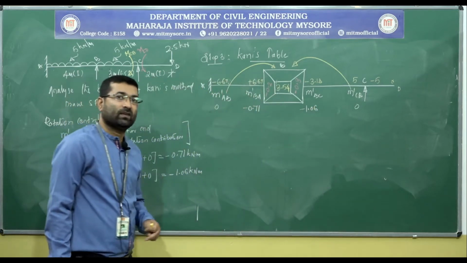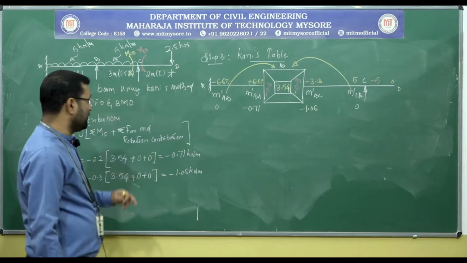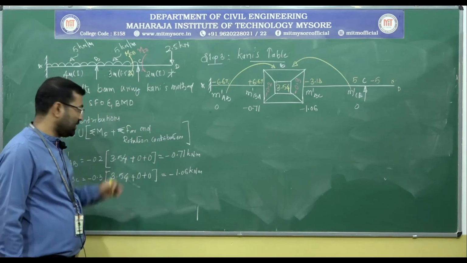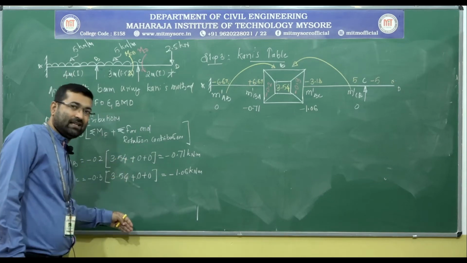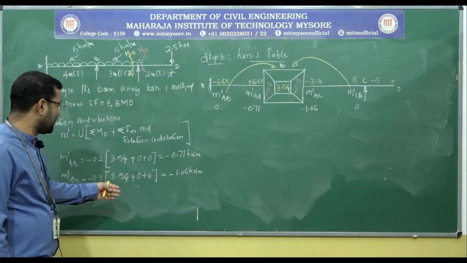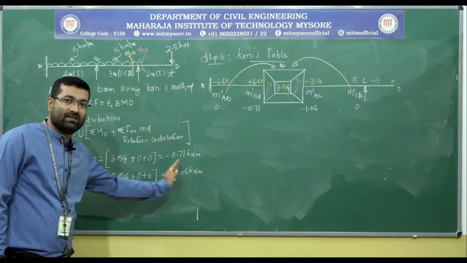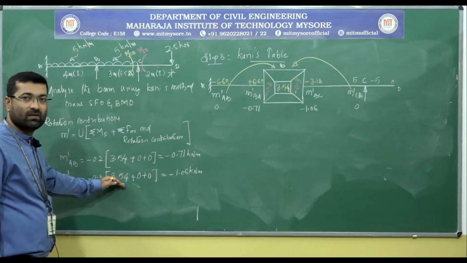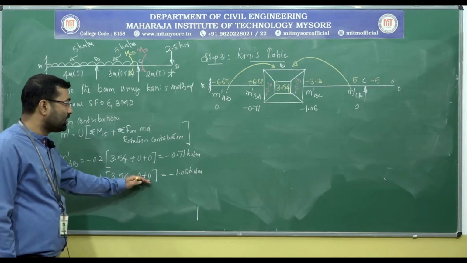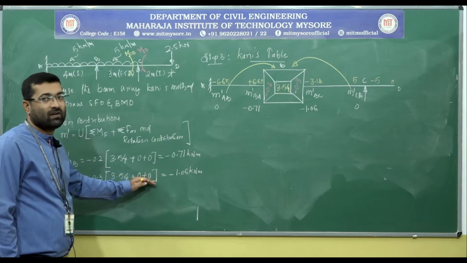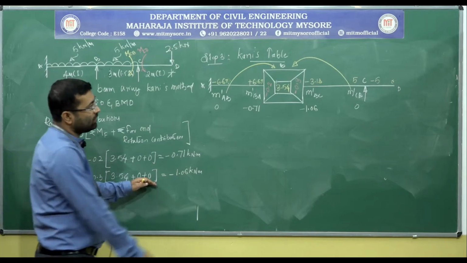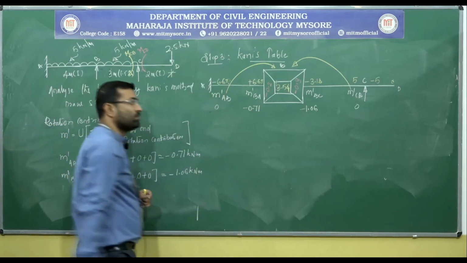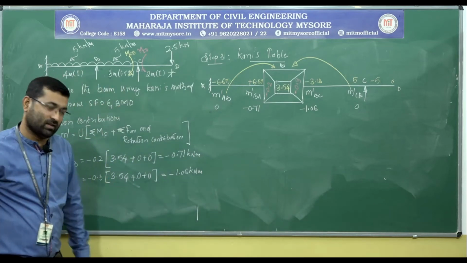Now you can see there is no change in the far end rotation contributions here. Even if I go for the second cycle, the values remain the same. The rotation factor and fixed end moment will remain as they are. What has to be changed is the far end conditions. As we have only one intermediate support, the far end rotation contributions will remain 0 and 0.